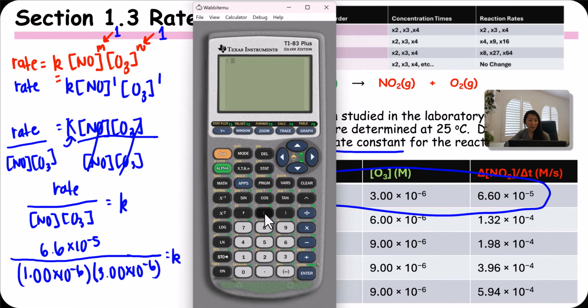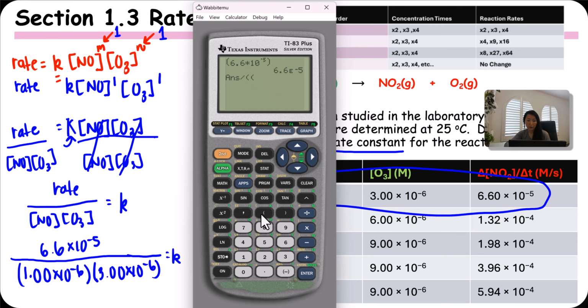So let's go ahead and calculate this out. We have the parentheses of 6.6 times 10 to the negative 5, and then close the parentheses. I will hit enter, okay? Which will give you that. And this divided by, so all over, I'm going to double parenthesize this time so that we have the 1 and the 3 separate.